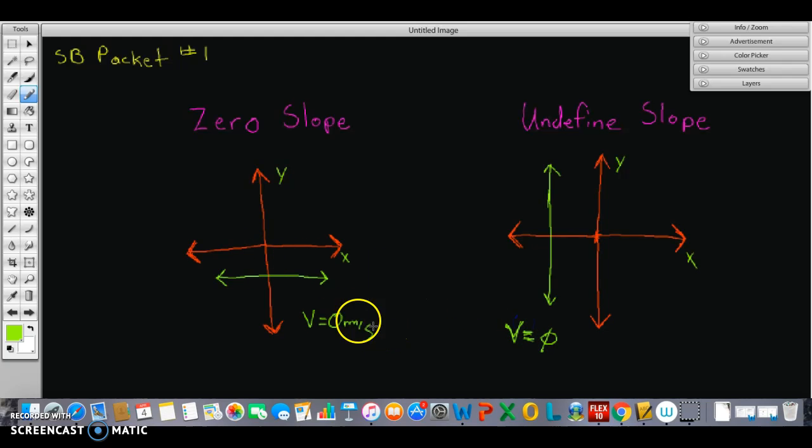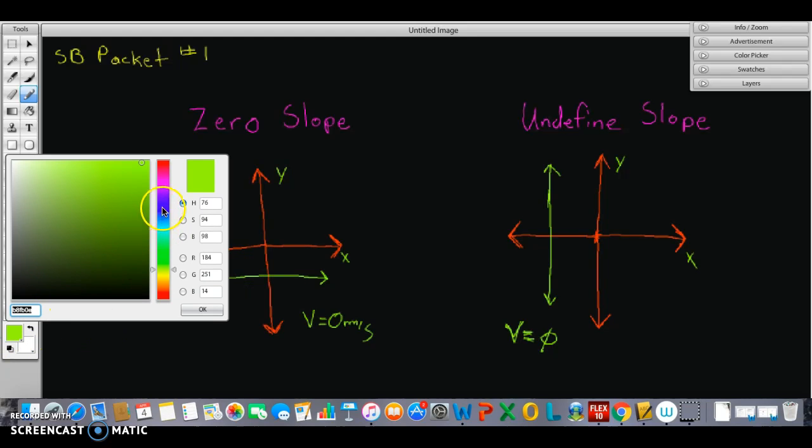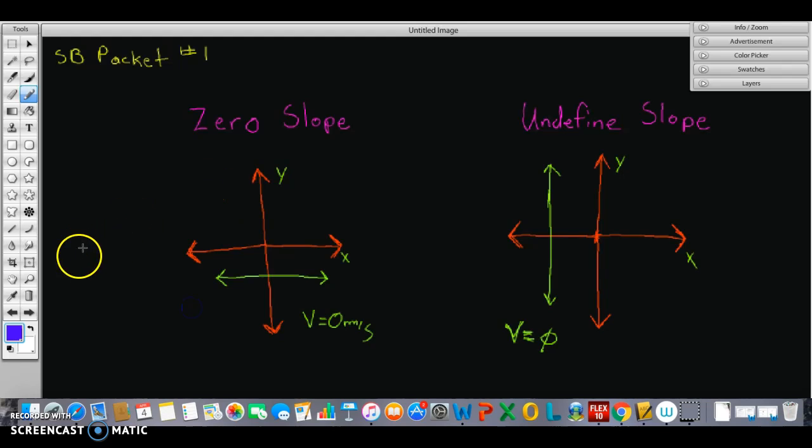All right. And over here, we're going to do just a simple classification of how to read an equation of a line. So an equation of a line starts off with the base y equals mx plus b.